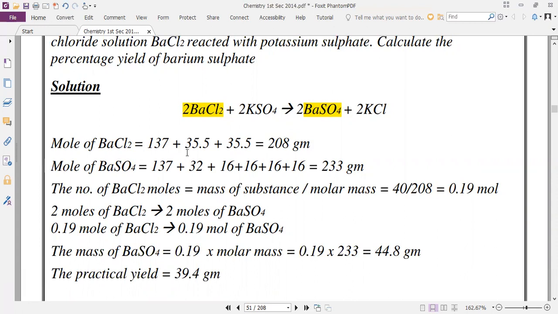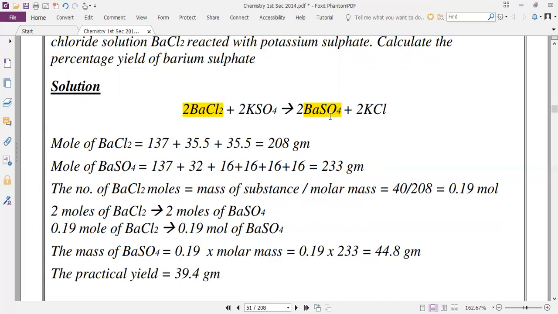Cl equals 35.5, also known. As we have two atoms of Cl, it will be 35.5 plus 35.5, right? Right. Equal to 208 grams.